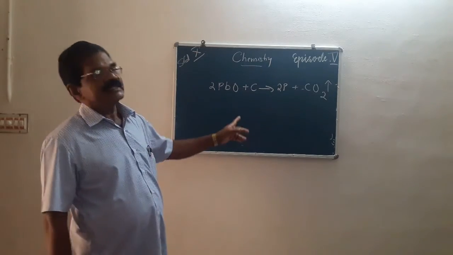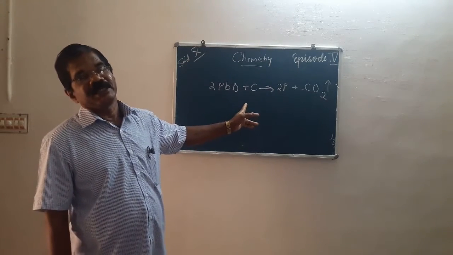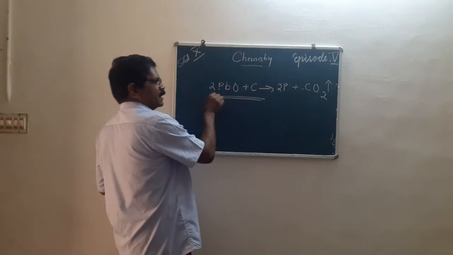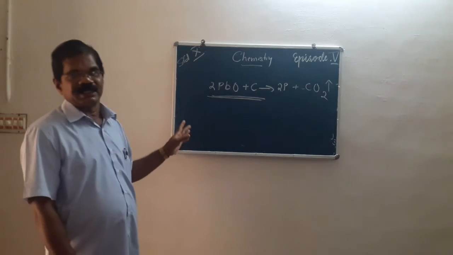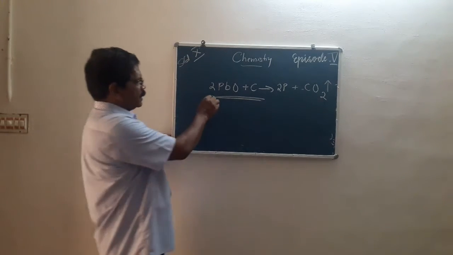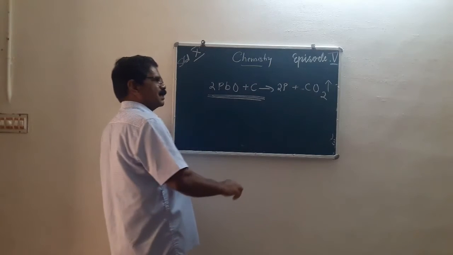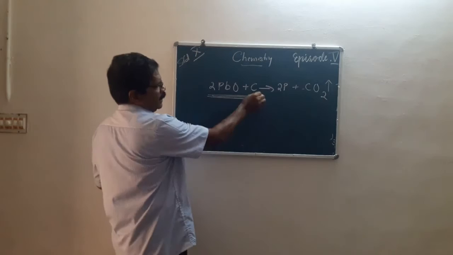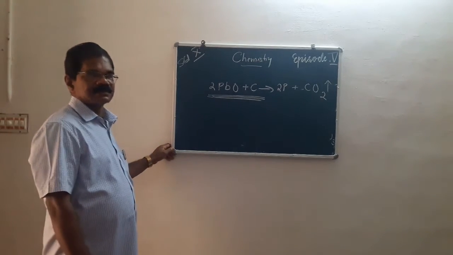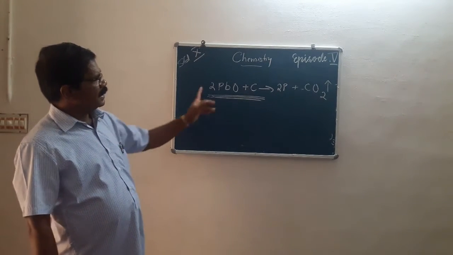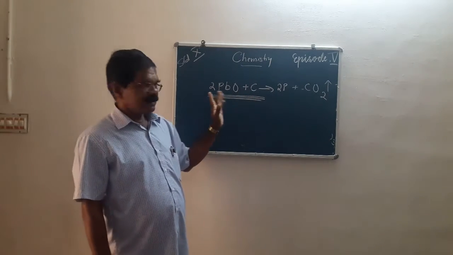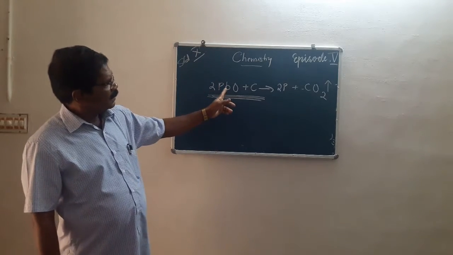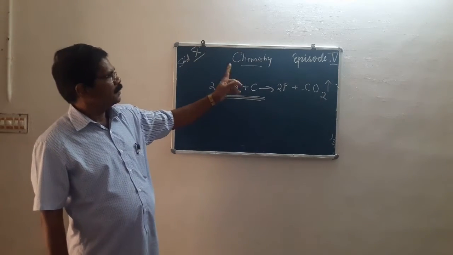In redox reactions, never forget this: if a reaction takes place, there must be at least 2 reactants. You must look at these 2 reactants. At first, don't look at the products. Here, lead monoxide and carbon. Which combines with oxygen?